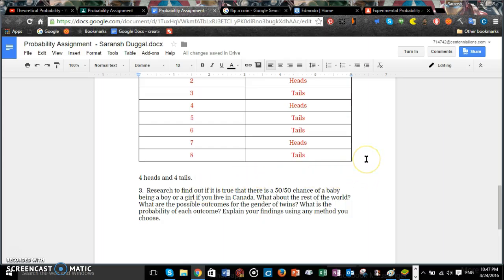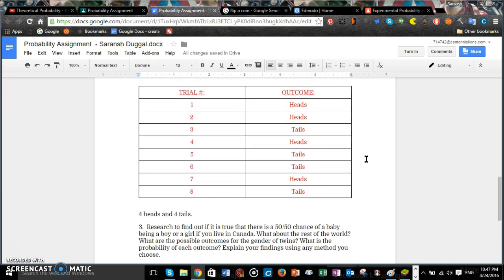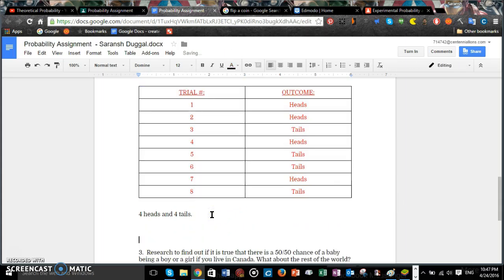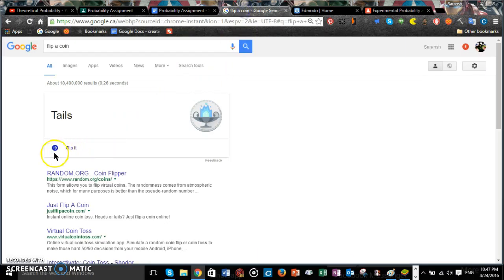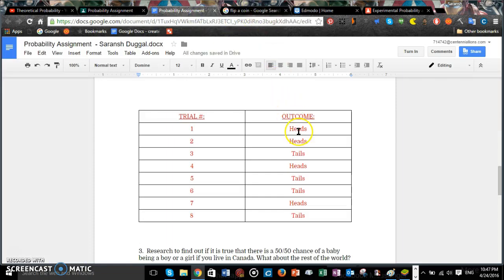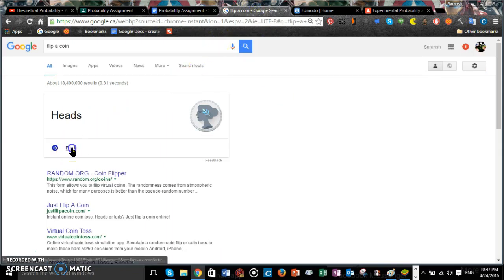So what I think we should do would be to try this experiment again to see what we got. So let's copy this chart and let's change according to what we get. So heads. So the first trial is heads here too.